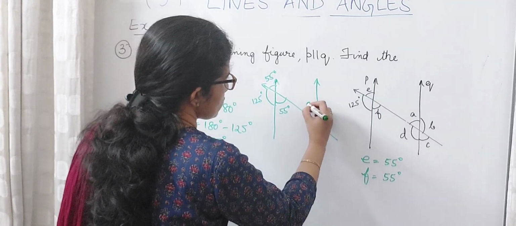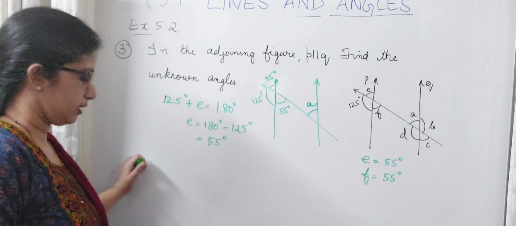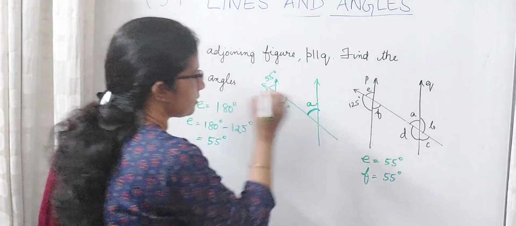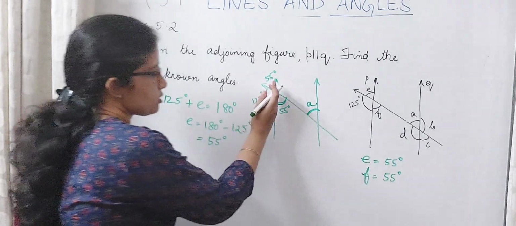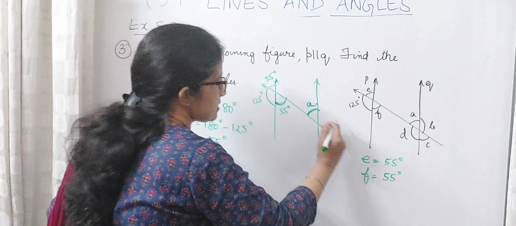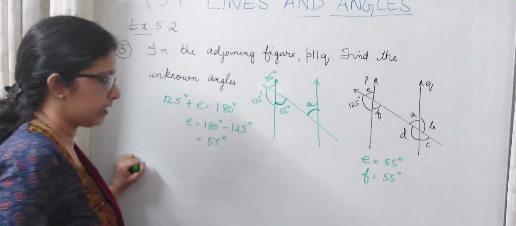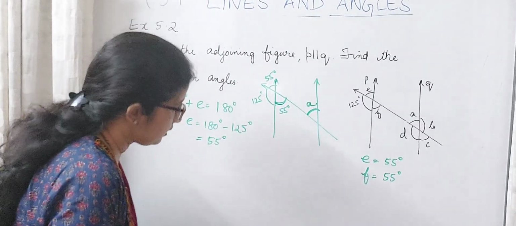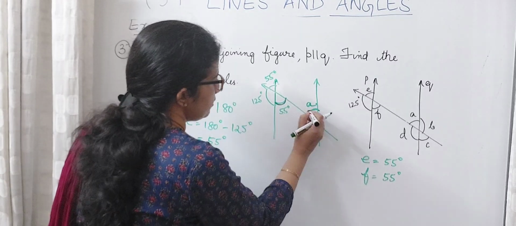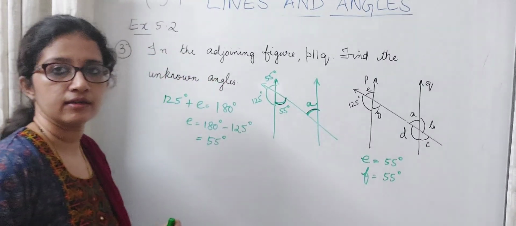This is A. Now, what about this angle and this angle? These two are parallel lines, they have given in the question itself, and this is a transversal which is cutting it. So what about these two angles, this angle and this angle?